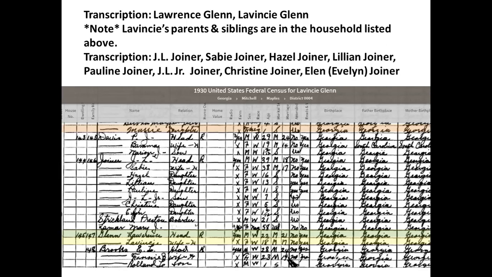The J.L. Joyner at the top is James Lafayette, but the J.L. Jr. is James Lee. Just because you have the same initials as in the first and second letter does not make you a junior. And that is something that confused me a great deal because I kept seeing junior on his records when I was doing research, but he did not have the same name as his father, which they did not realize.